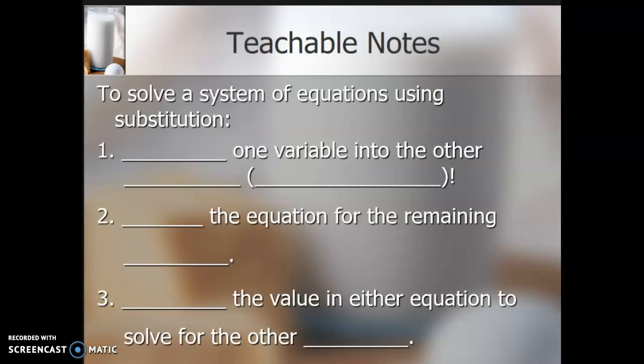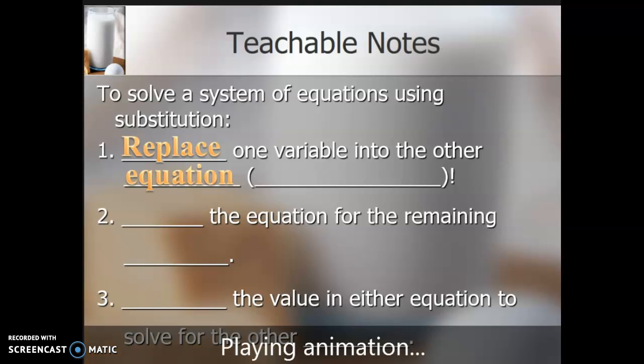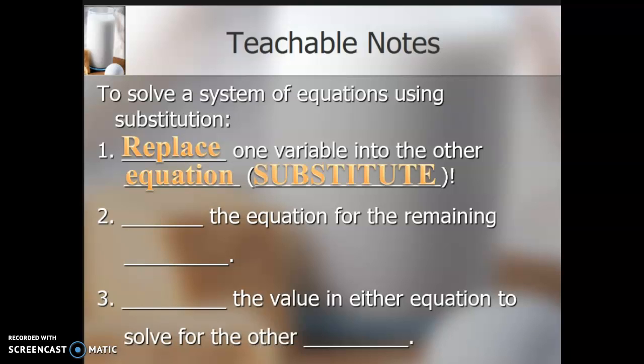All right, so the notes. To solve a system of equations using substitution, number 1, you're going to replace one variable into the other equation, and that's called substitution. Remember, a system is 2 or more equations.